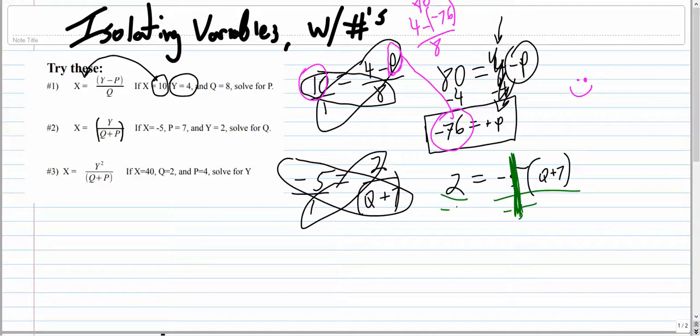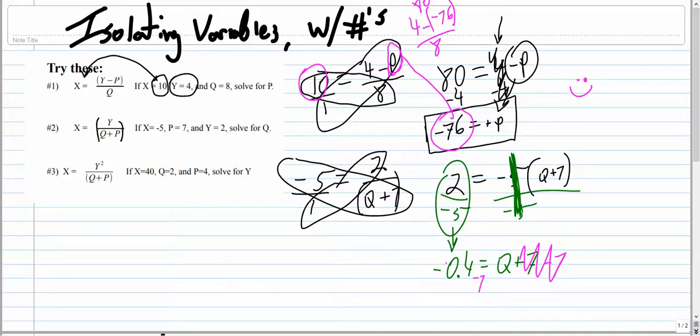But since I did it to one side, I'm going to do it to both. 2 divided by negative 5, that is negative 0.4 equals q plus 7. How do I get rid of that plus 7? I subtract 7 from each side. So negative 0.4 minus 7 is negative 7.4, and that's my answer for q.